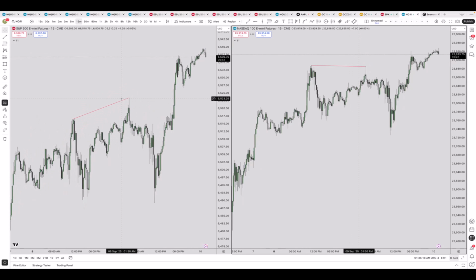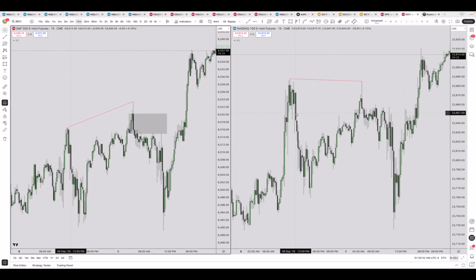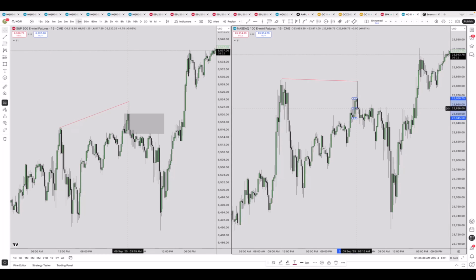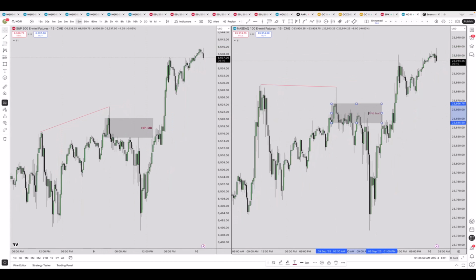Now let's just focus on the order block right after this price action. So you see right here there was this bearish order block, and here there was another bearish order block. By definition, let's write high probability bearish order block, high probability bearish order block.